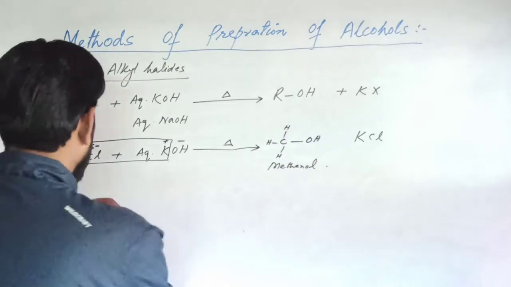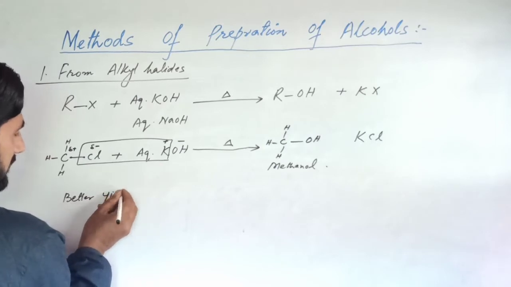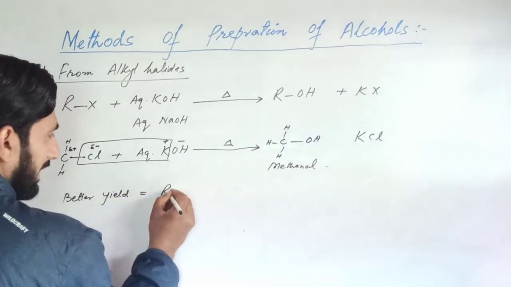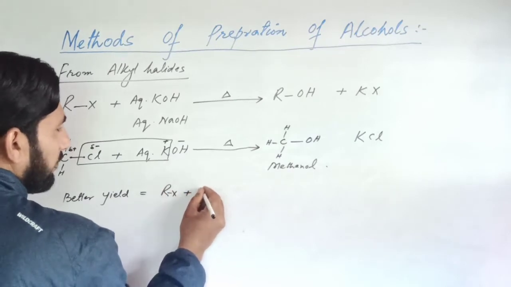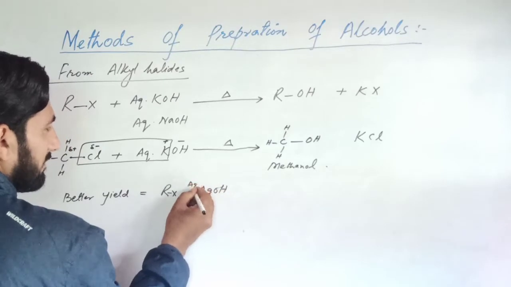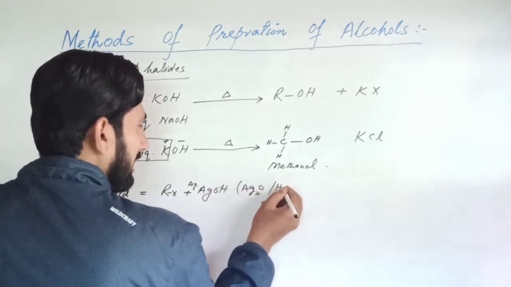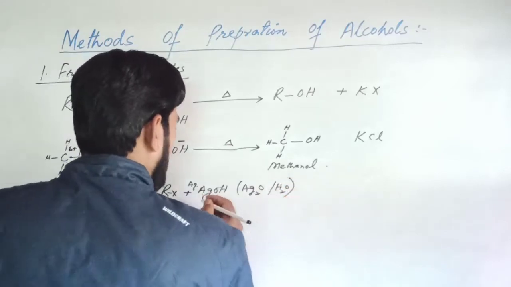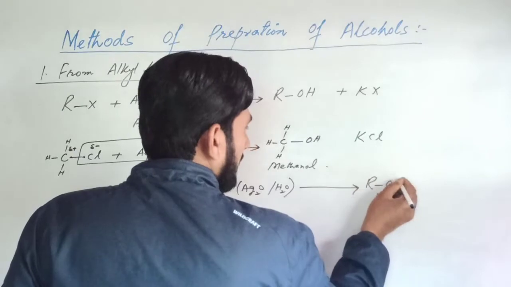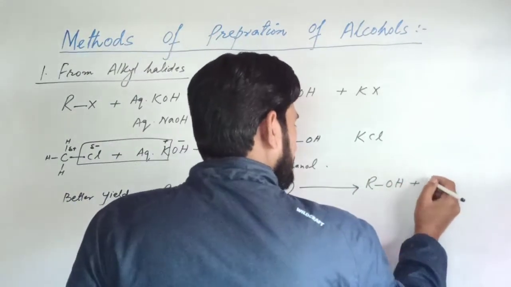A better yield can be obtained when RX, alkyl halide, is treated with moist silver oxide. Moist silver oxide, that is Ag2O, in the presence of water forms AgOH, which gives alcohol in better yield.